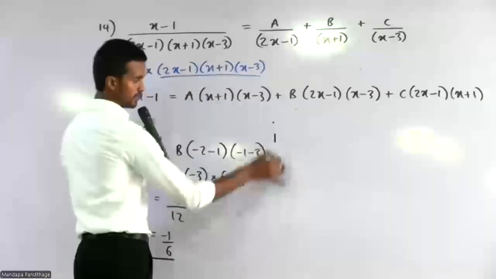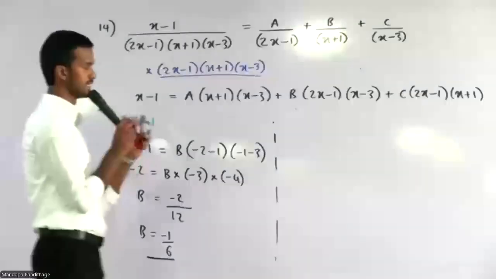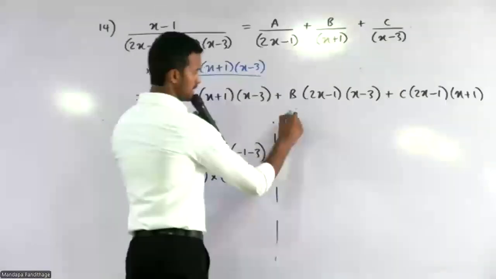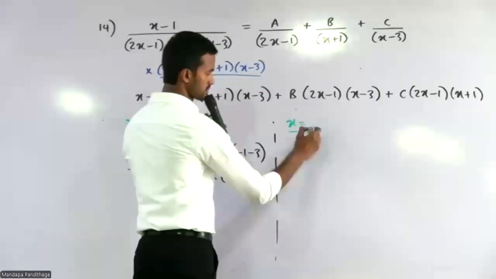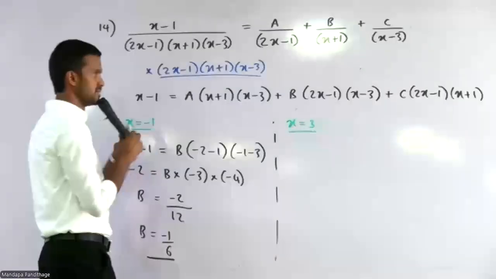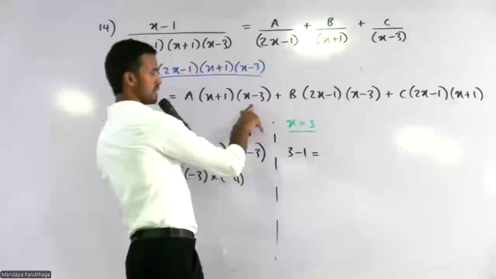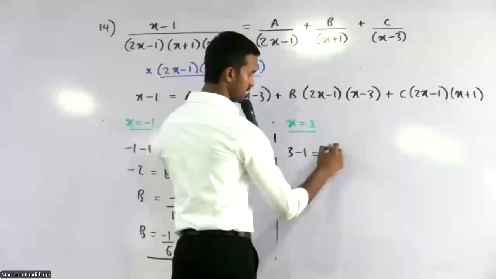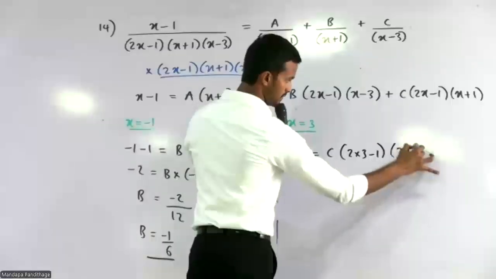Okay, then put x equals 3. When you put x equals 3, you get 3 minus 1 is equal to, don't write this one, only write this: C into (2 into 3 minus 1)(3 plus 1).